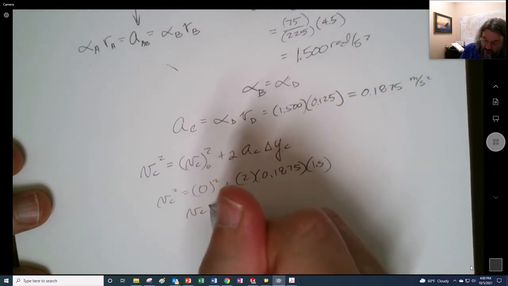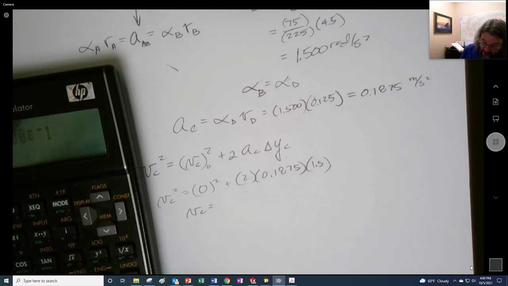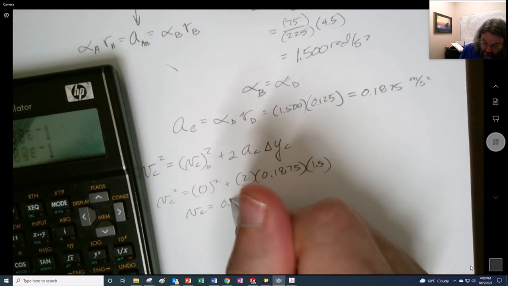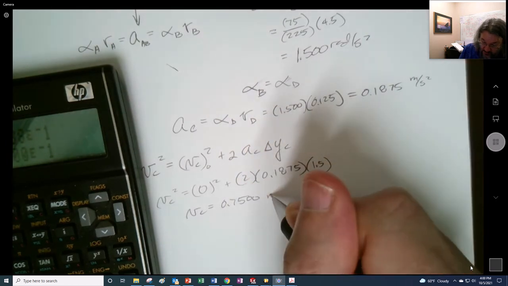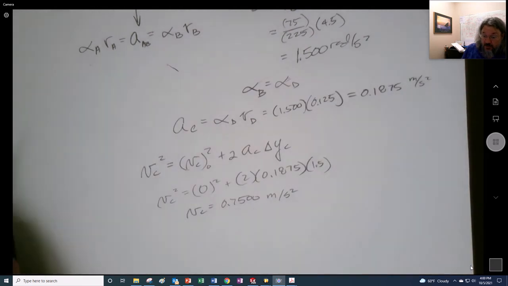We get the velocity of C. Should be the same thing. It better be the same thing. Square root, we get 0.750 meters per second. So you see we get the same thing, right?